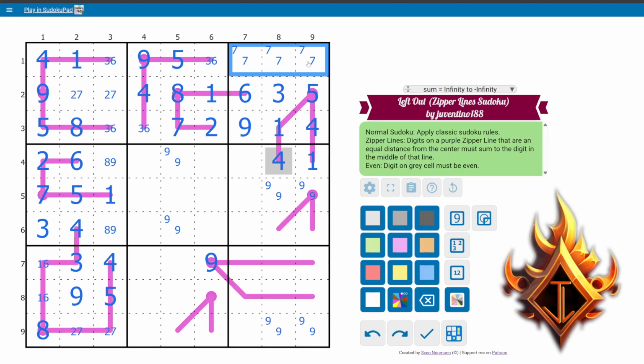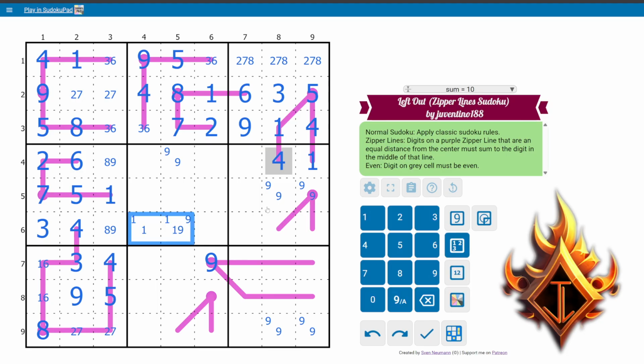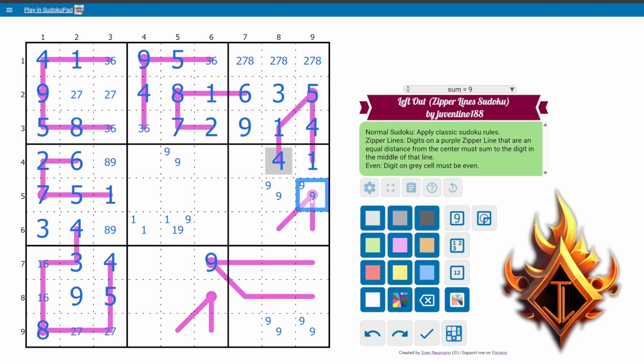This goes with a 2 and a 8. One is down there. 6 cannot be here. Don't think that's important yet.